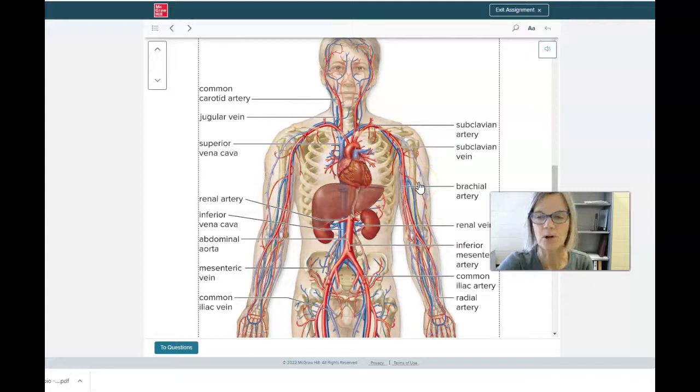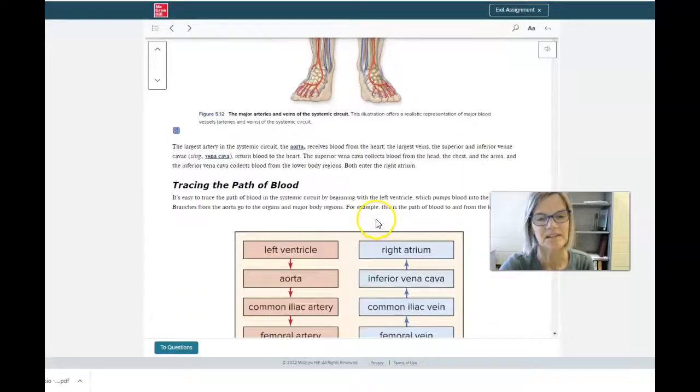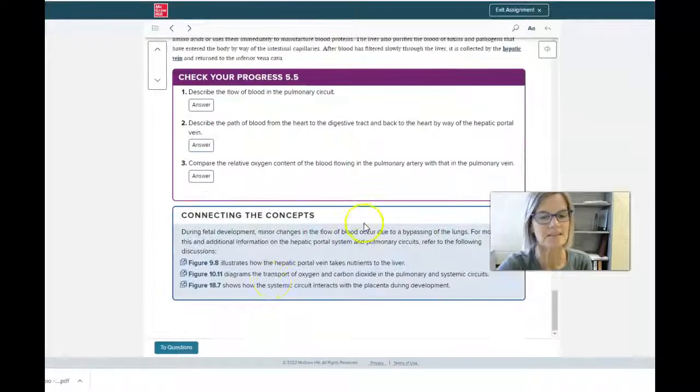The pulmonary circuit pumps the blood to the lungs to pick up oxygen. They're not shown on this diagram. And the systemic circuit is going to pump the blood throughout the body, and ultimately every cell in the body is going to be exposed to that oxygenated blood from the systemic circuit. And I think that's where I'm going to stop right there.